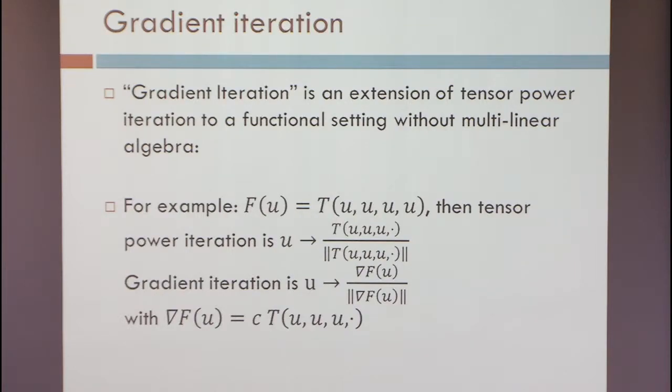OK, now, what do you want from this, right? You want this iteration to converge to something which has good properties, and you want to somehow bound the number of iterations.